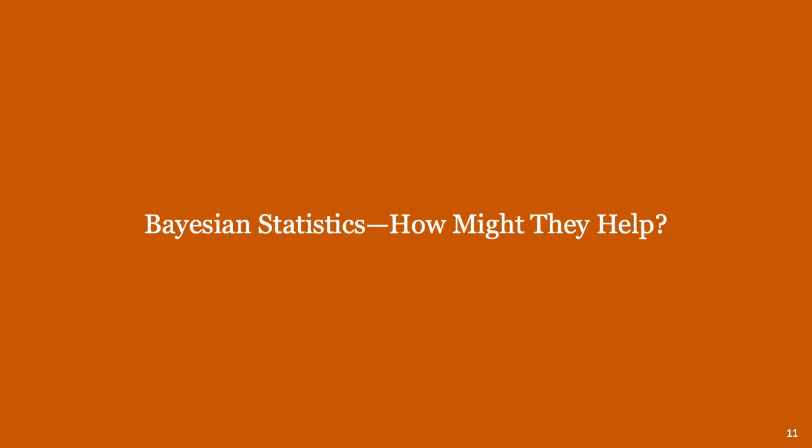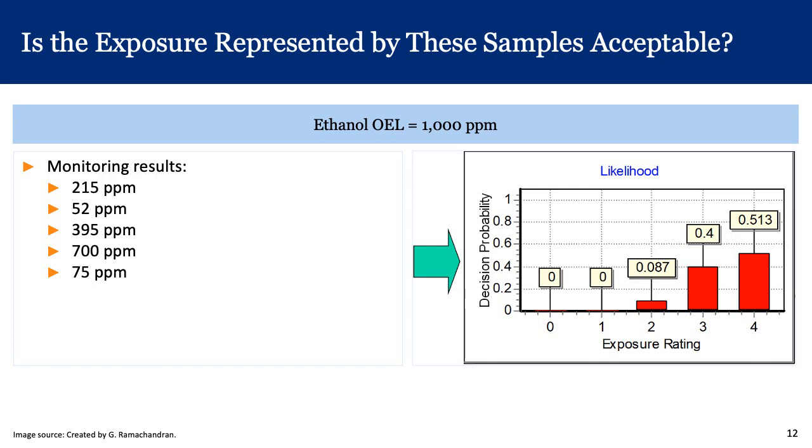So how might Bayesian statistics help? For the same example where I showed a traditional statistics calculation, imagine that a Bayesian decision analysis, and I'm going to talk about how it's done a little bit later, produces a probability chart as shown here.